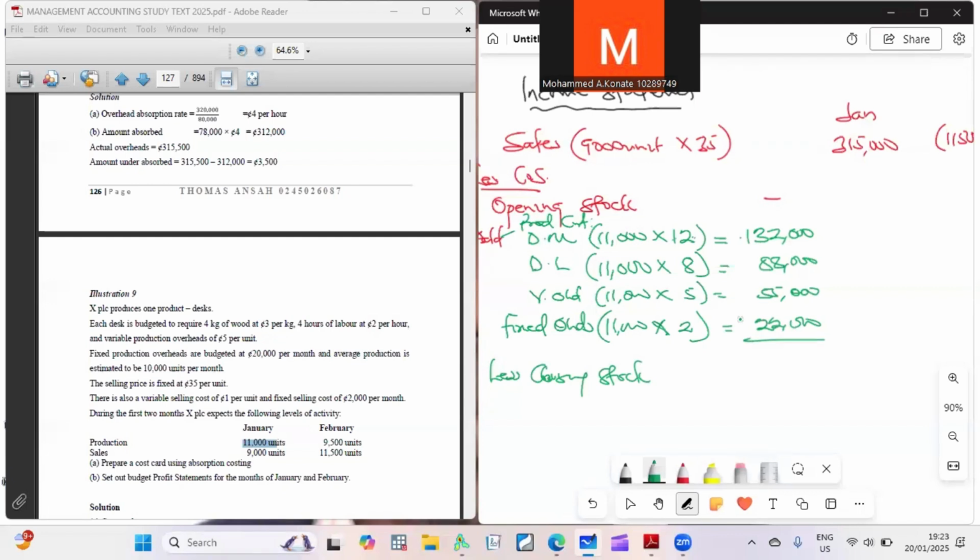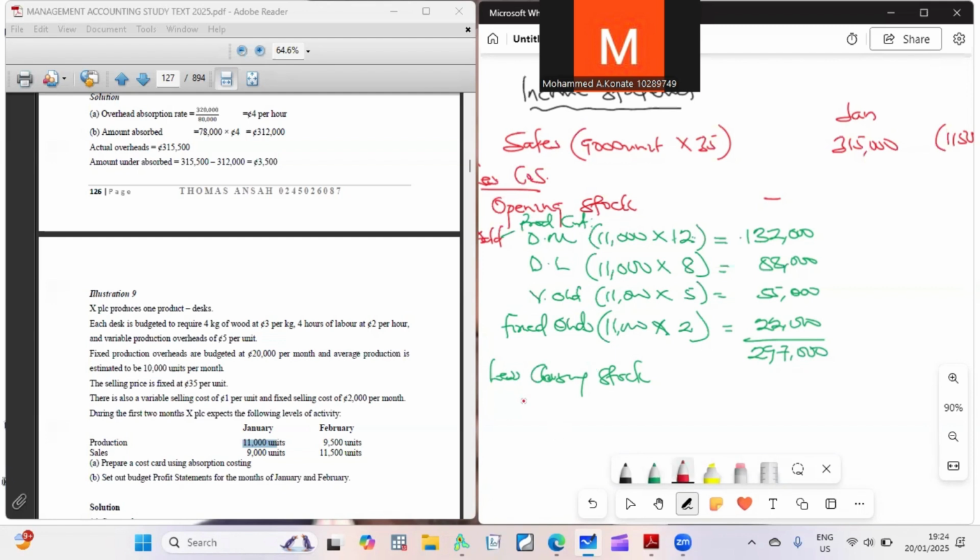So here, when we put all these things together, 132 plus 88 plus 55 plus 22, that gives me 297. Then I will less my closing stock. How do we find closing stock?